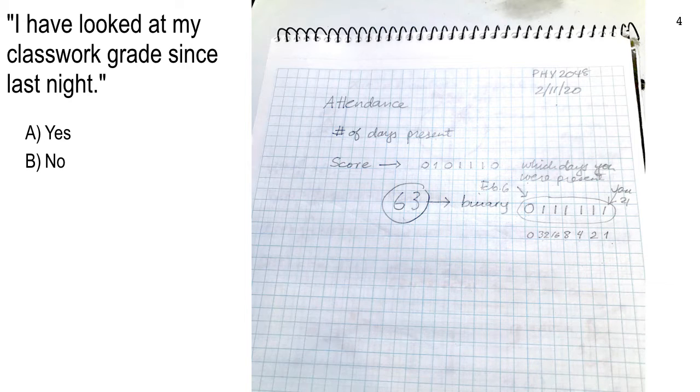The way that the classwork score goes is the following. For every question, you get 1 point for answering and another point if you get it correct. So you may have a score, and I can't remember how many is possible. I think it's maybe 39? Okay.